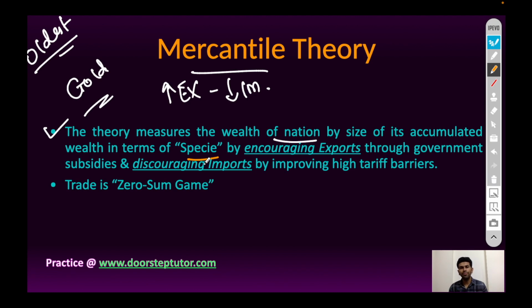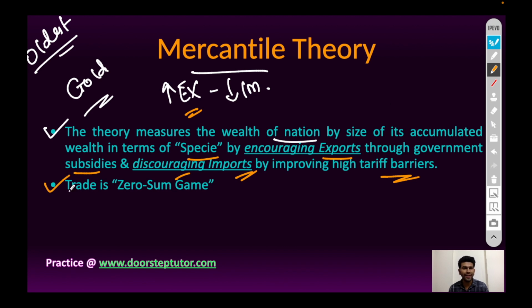Specie means precious metals. By encouraging exports through government subsidies. When the government provides subsidy to businessmen, they will be encouraged to export more goods and services, and discouraging imports by imposing high tariff barriers. These are some restrictions. When government imposes restrictions, the businessmen will be discouraged to import goods and services.